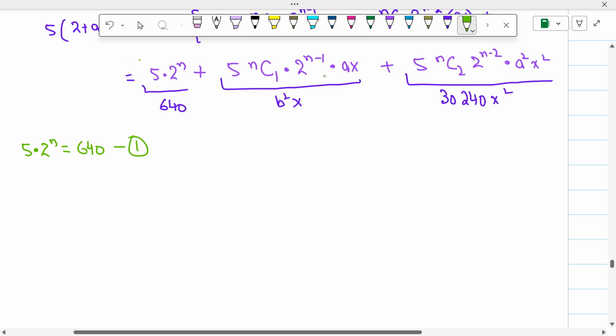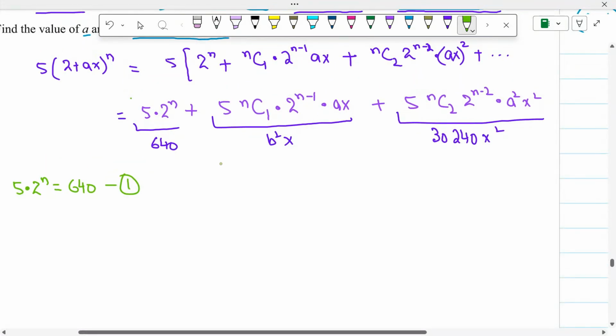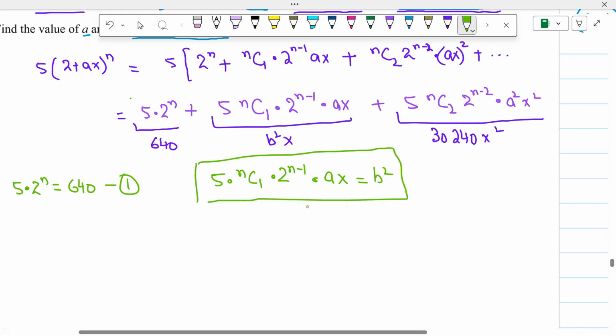Comparing the coefficient of x, n combination 1 times 5^(n-1) times a is equal to b². This is equation 2.